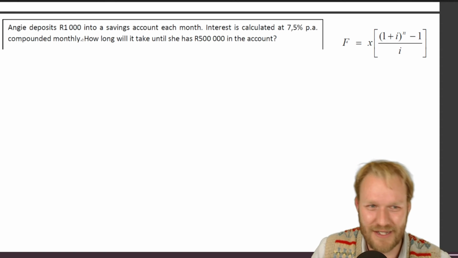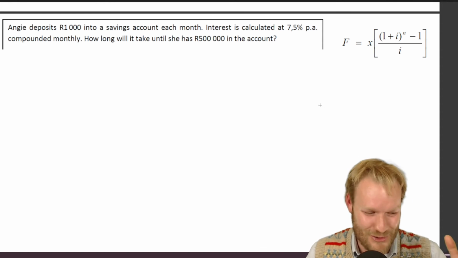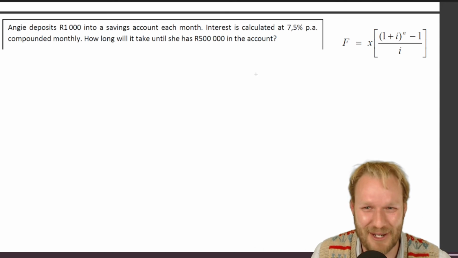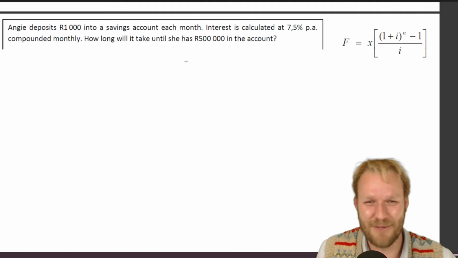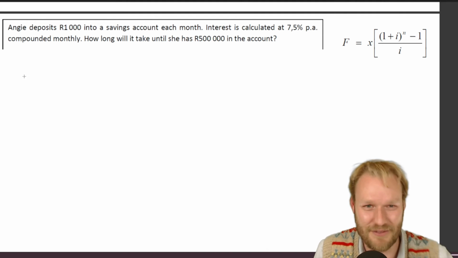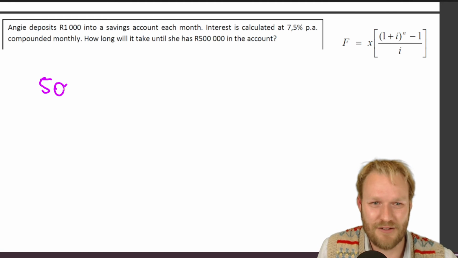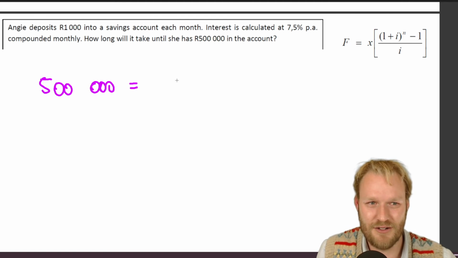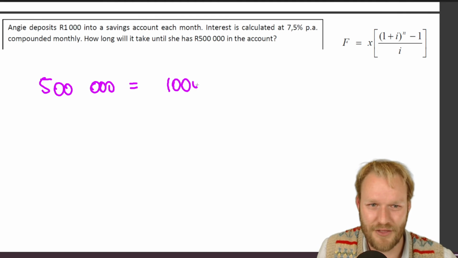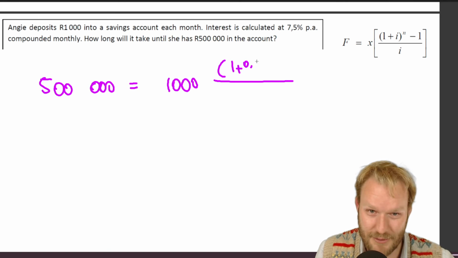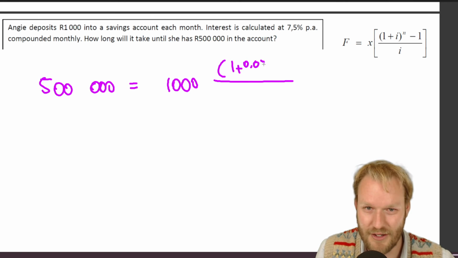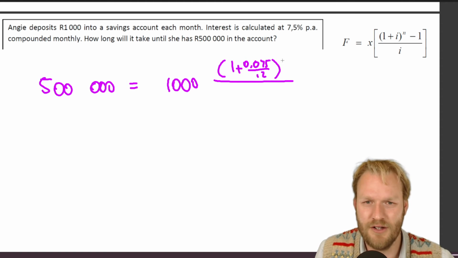Okay, so let's see. I'm very interested to see if anyone talked about working backwards, because that's how we talked about it before. The idea of, well, we're going to put in the equation, we're going to work backwards to find something. So we want to see when there's 500,000 Rand in the account, if you're depositing 1,000 Rand into the account every month, and 1 plus interest is 7.5% per annum compounded monthly, 0.075, not 0.75, 0.075 over 12.